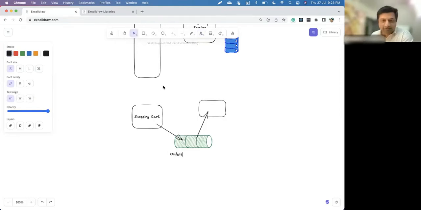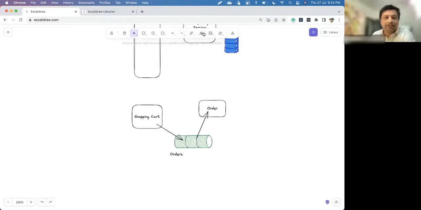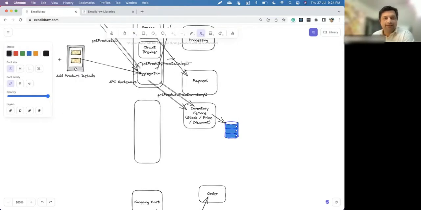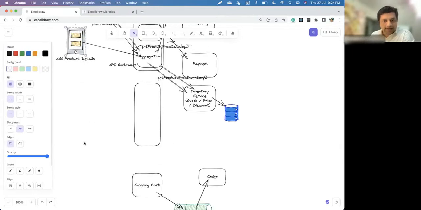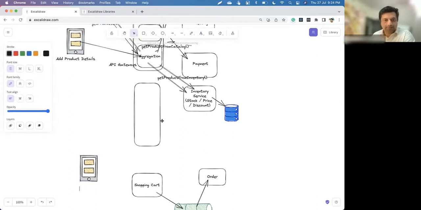And one scenario, this is order service, right? So let's assume this is how it works. You have here a client, mobile client. This is your Amazon app, let's say, right? This is an e-commerce app, right?